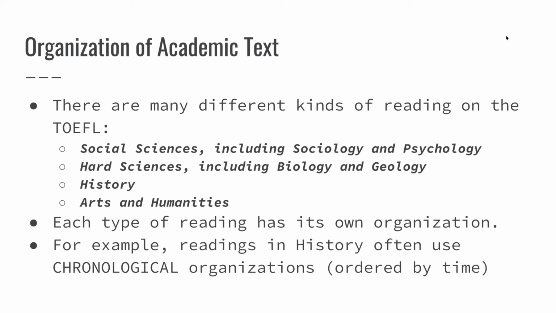Chronological means things that are organized by time. Not always is it going to be this happened first and this happened next, but usually we will see time measurements like in this year and this year. That is something we see more in a history textbook. We would probably not see that so much in a psychology textbook, for example.